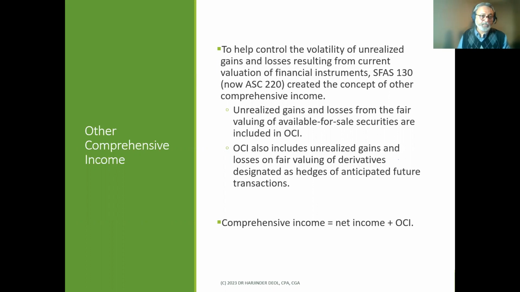We didn't have OCI in IFRS until very recently, until the last decade or so. Prior to that, it was a US concept. ASPE doesn't have OCI, right? So in Canada, we didn't have other comprehensive income until we embraced IFRS.